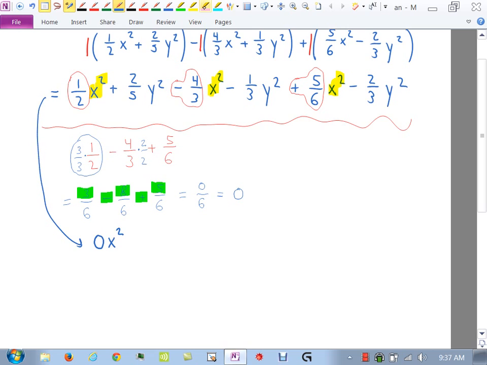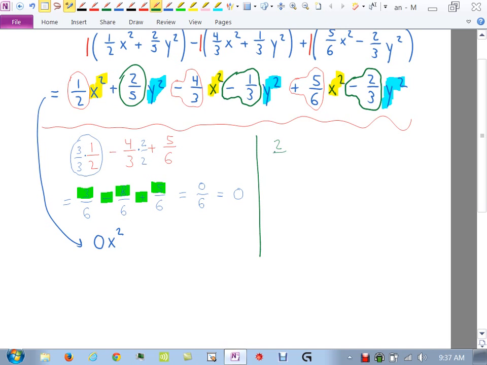Now on the y squared terms, I have to look at the coefficients. 2/5 minus 1/3 minus 2/3. Computer's acting funny. So let me do that scratch work right here. I'm taking 2/5. I'm subtracting 1/3.